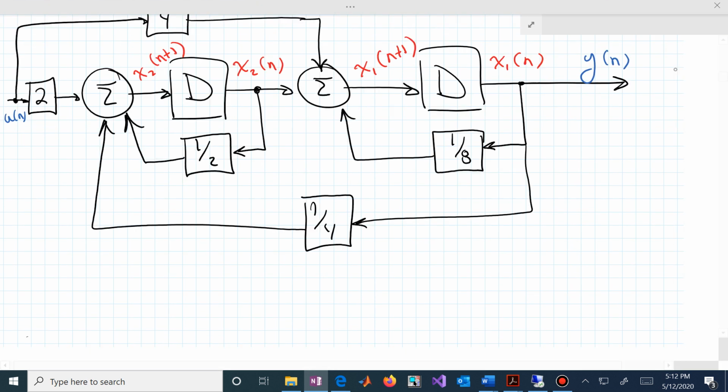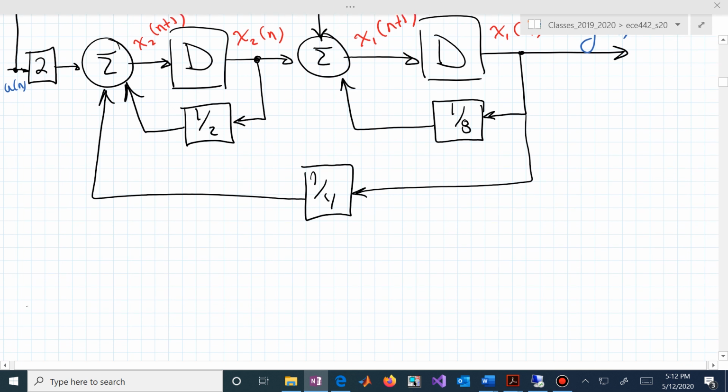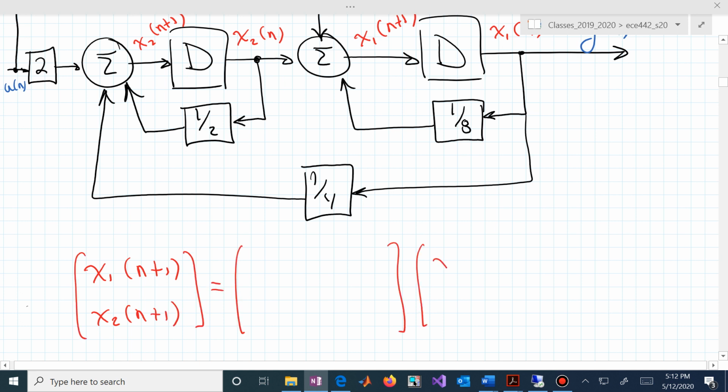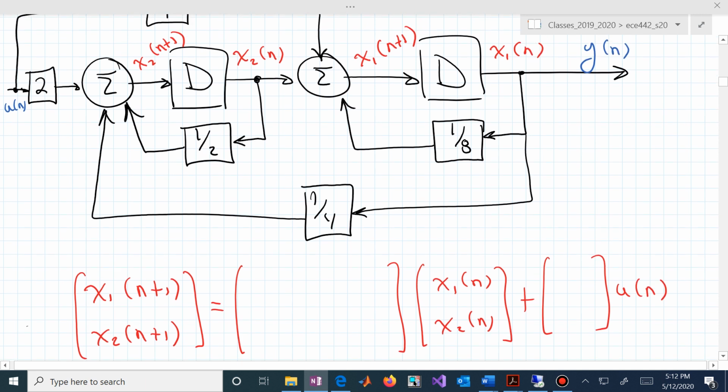Now from that you can actually write down your state space representation by looking at what is producing each signal, and you need to make sure that the right-hand side only contains your state variables at the present index time, little n, and the input at the present time, u of n.